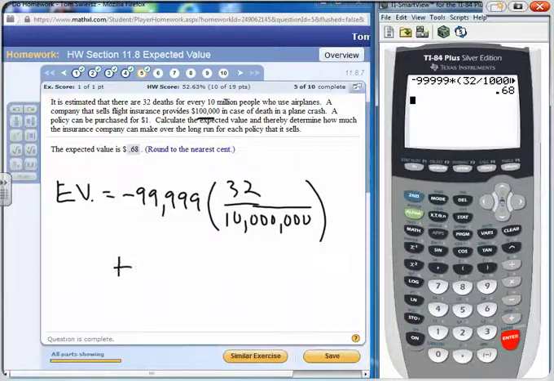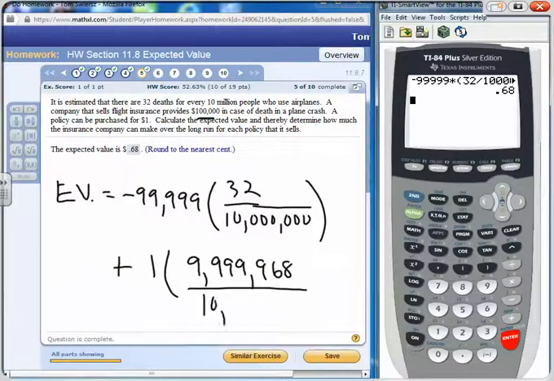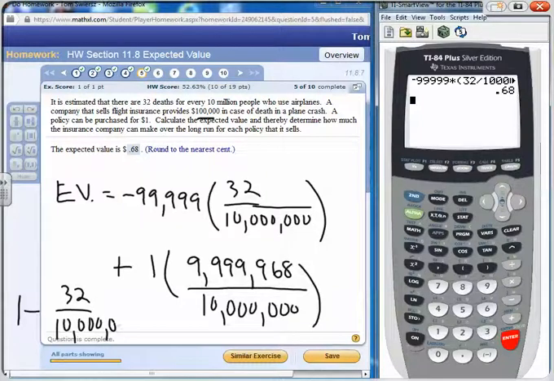And then plus, they make $1, and this one is 9,999,968 out of 10 million. And the way we get that probability is 1 minus 32 over 10 million, because they either die or they live during the plane crash. So you can always do 1 minus the probability that they die to get the probability that they live. So when we put that formula in, we got the same answer.